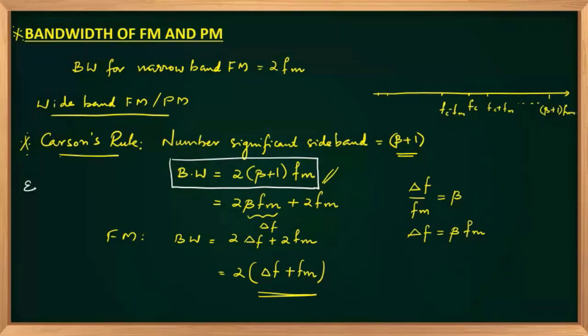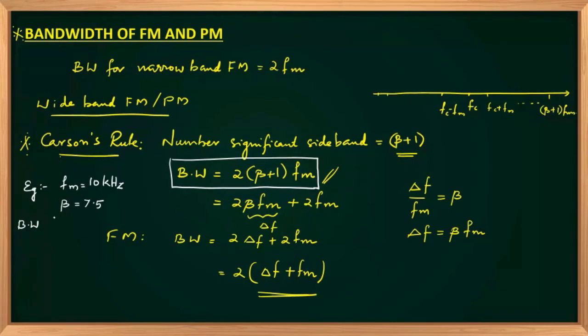As an example, let's consider a modulating frequency FM equal to 10 kilohertz and a modulation index beta equal to 7.5. What is the bandwidth of FM?